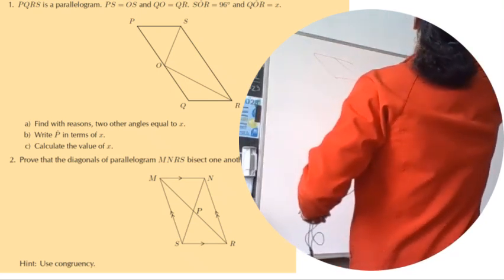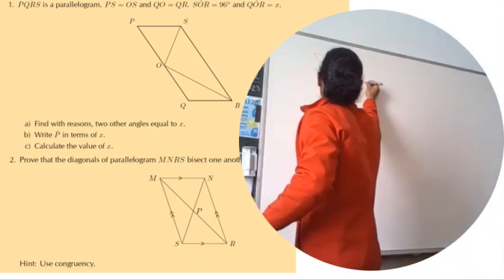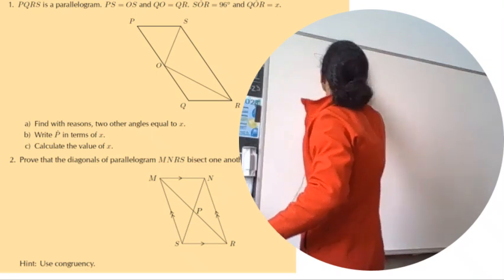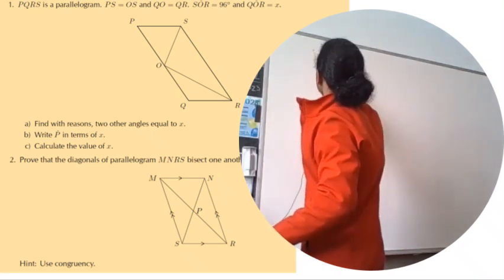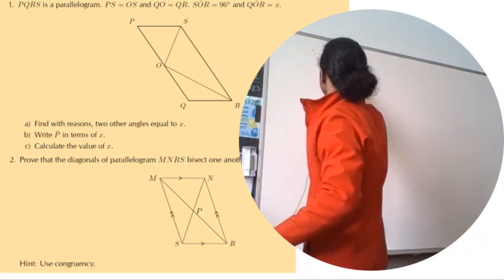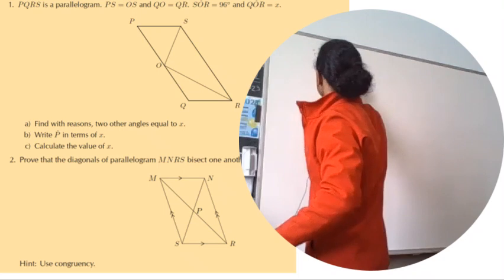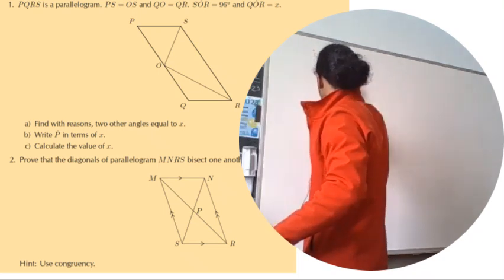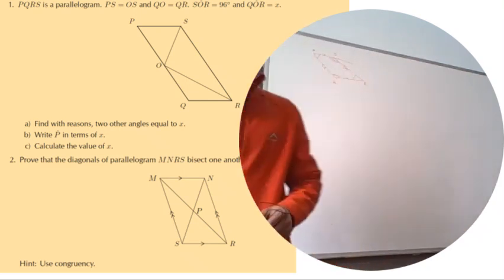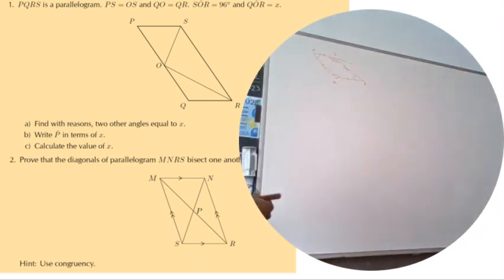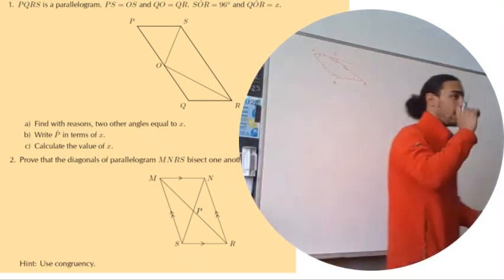R. This is Q and that is R, and there is S and there is P. It's given to me that this is a parallelogram, so this is equal to that, and this one is equal to that one. Now this is the information that's going to be helpful to us.